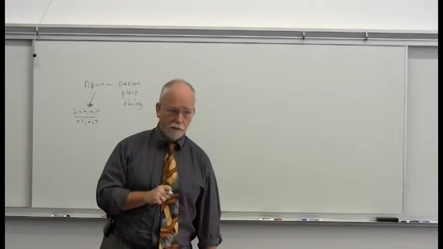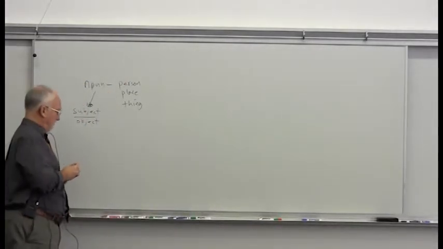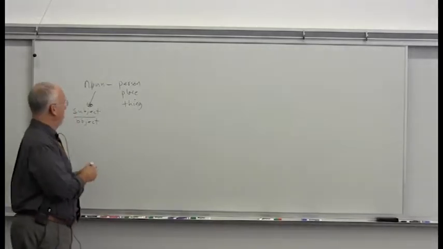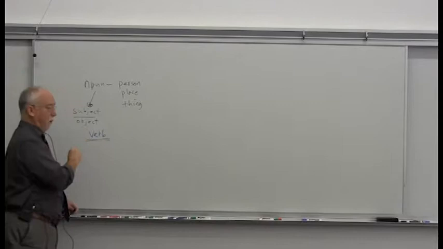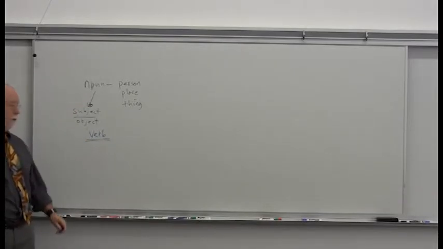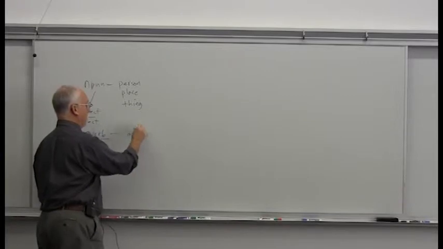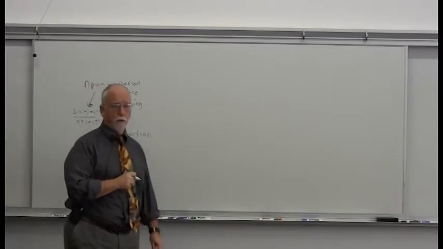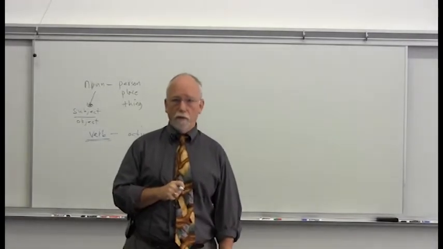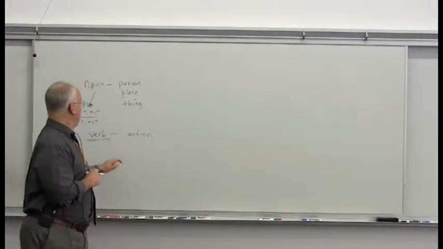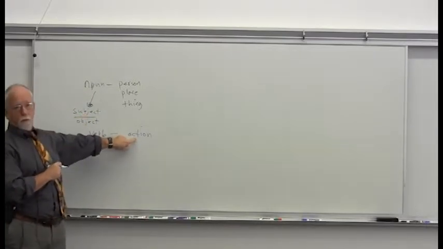Now, in order to make a sentence, we also need a verb. And I think we commonly know that the verb is the action word. Many times we refer to verbs as the action word involved in the sentence. So we'll have a noun that serves as the subject for this particular action verb.